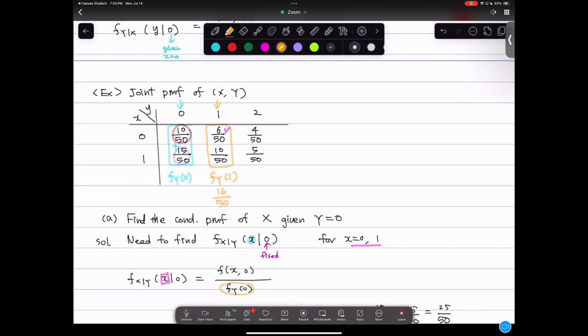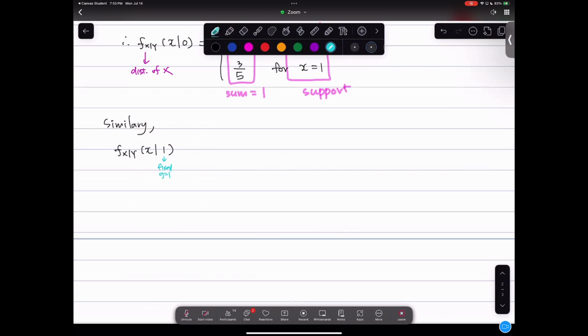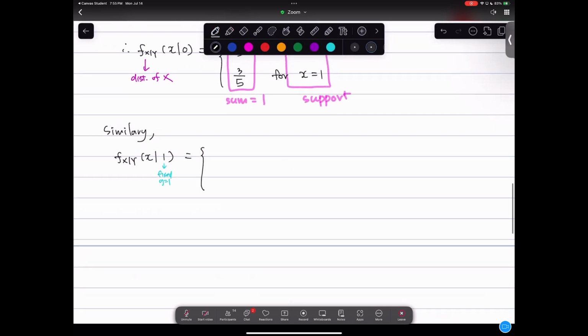So my conditional probability is nothing more than 6 out of 50 over the marginal, which is 16 out of 50. So you get 6 over 16 for x value of 1. Then I can get the same thing for x value of 2, which is 10 over 16. I can reduce it, but let's leave it there.